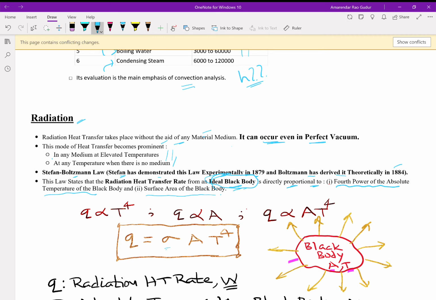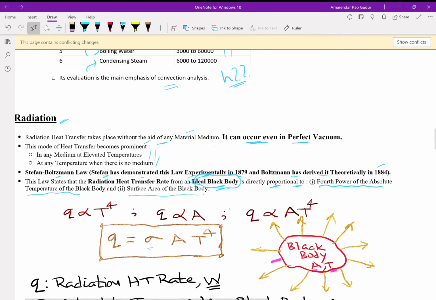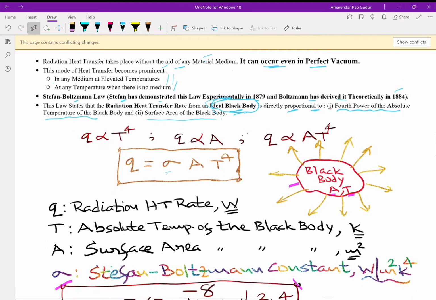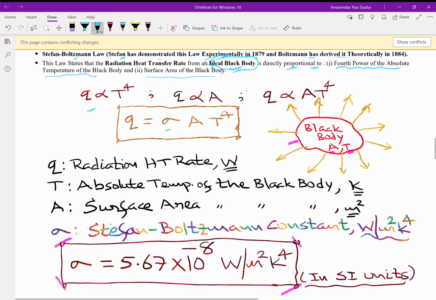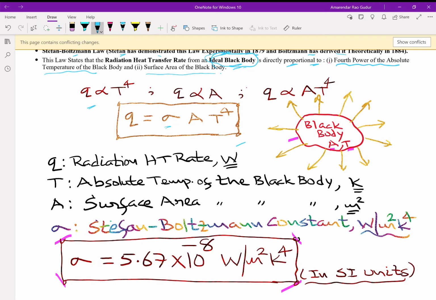This we'll discuss later. Mathematically, the Stefan-Boltzmann law can be expressed as Q is proportional to T power 4 and Q is proportional to A, and we can combine this as Q is proportional to A T power 4. We can introduce a proportionality constant sigma to have Q equal to sigma A T power 4, where Q is the radiation heat transfer rate in watts, T is the absolute temperature of the black body in Kelvin.